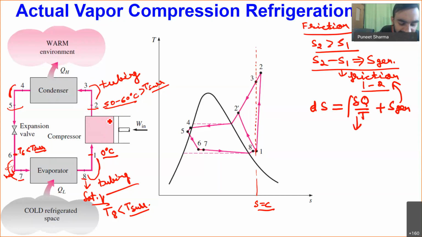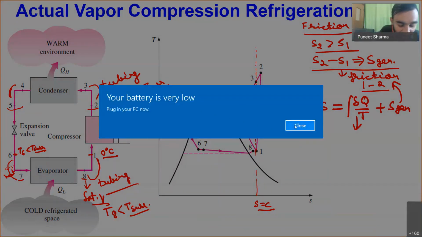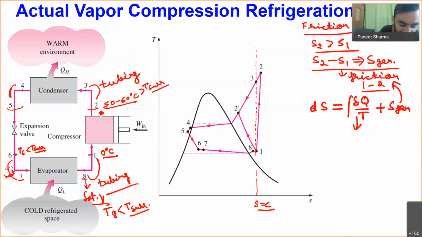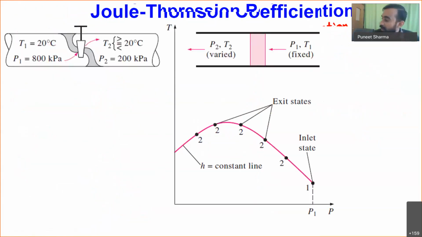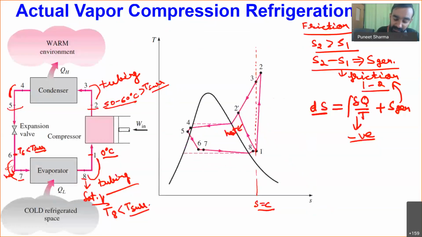Our working substance will be having high temperature near the outlet of the compressor. So that's why we will have a certain amount of heat rejection. Okay, so that negative heat transfer will try to decrease the entropy. So 1 to 2 dash represents entropy loss because of heat transfer.